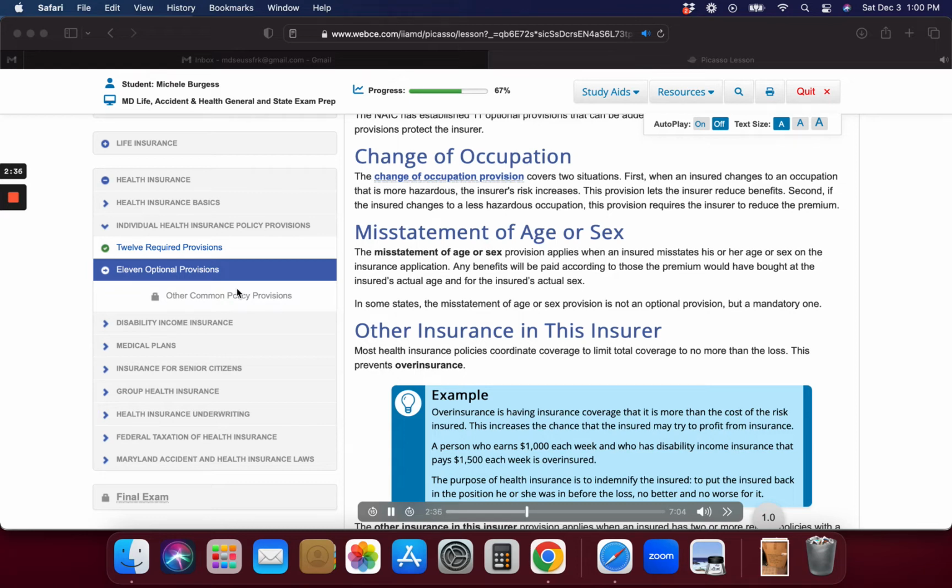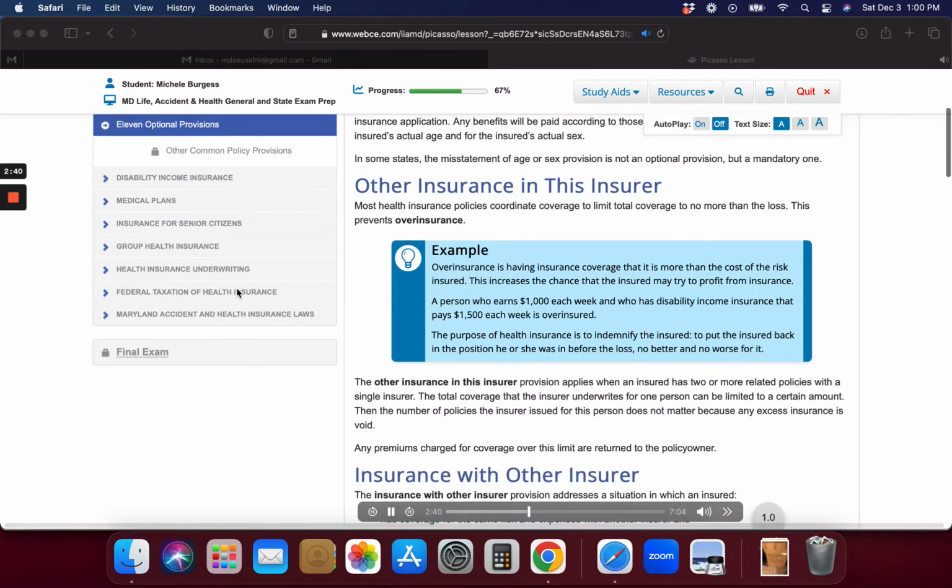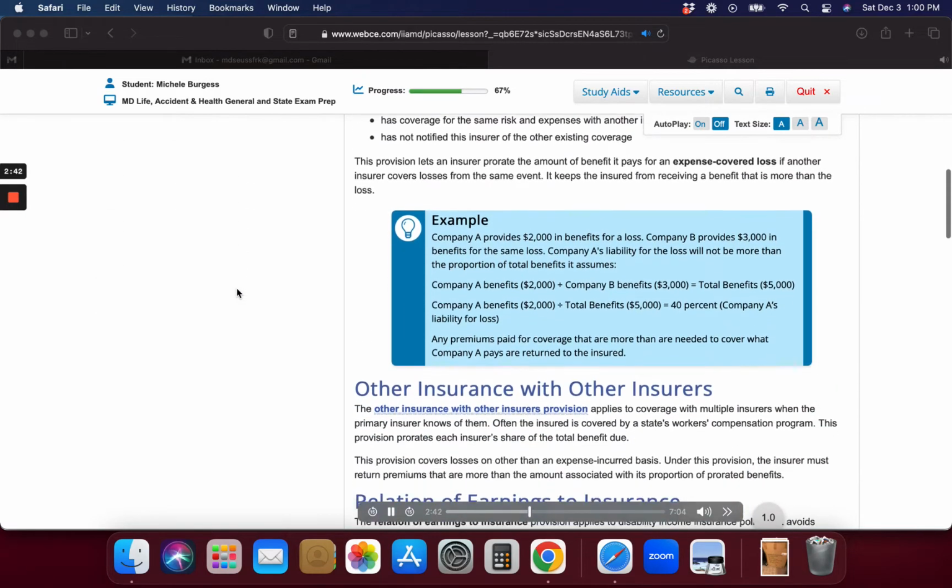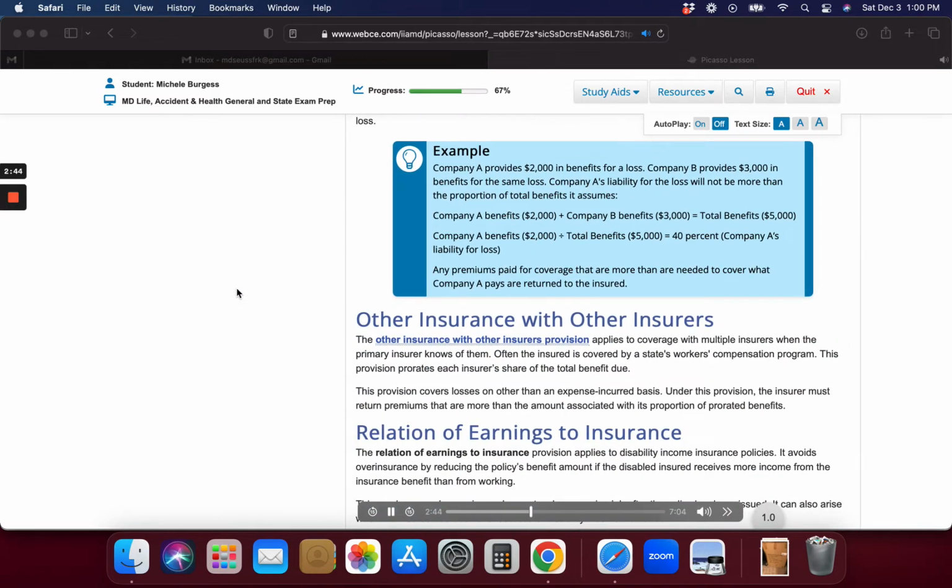Example: Company A provides $2,000 in benefits for a loss. Company B provides $3,000 in benefits for the same loss. Company A's liability for the loss will not be more than the proportion of total benefits it assumes. Company A benefits, $2,000, plus Company B benefits, $3,000, equals total benefits, $5,000.